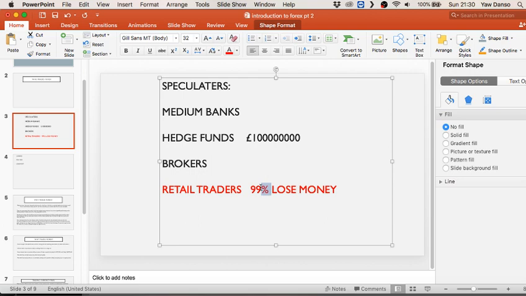It's a very bold statement, and when you are new to this market and you hear something like that, it will put fear in you, because you'll be thinking, okay, if you're a retail trader, chances are you're going to lose money. Everybody loses money, but the secret of not losing all your money and making money is to follow rules. So what you have to do is do what the 1% does.